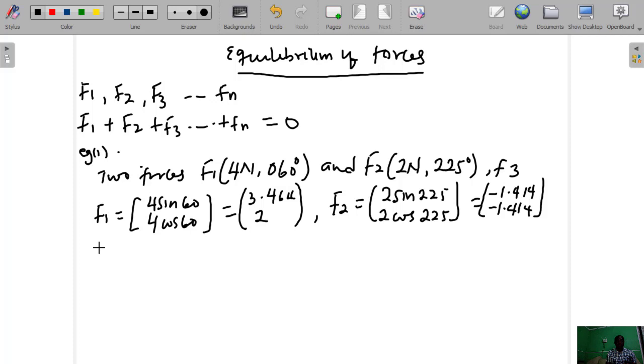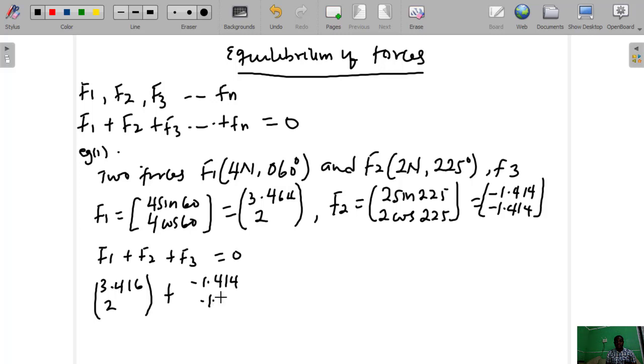So in equilibrium, force 1 plus force 2 plus force 3 will give us 0. So let's set them in. Force 1 is 3.464, force 2 is negative 1.414, negative 1.414, plus F3 should give us 0, 0 in terms of vectors.